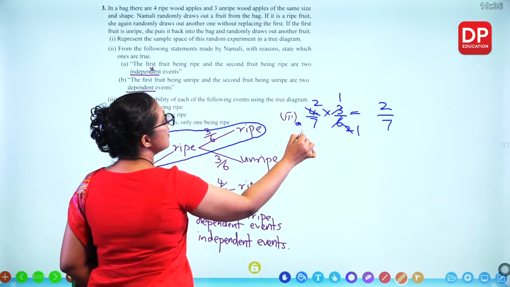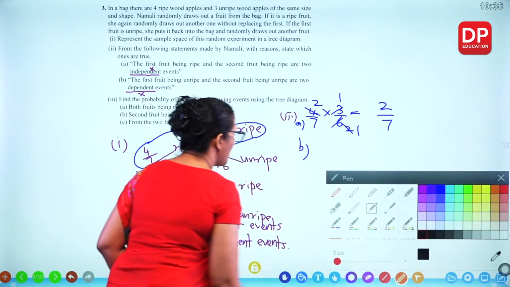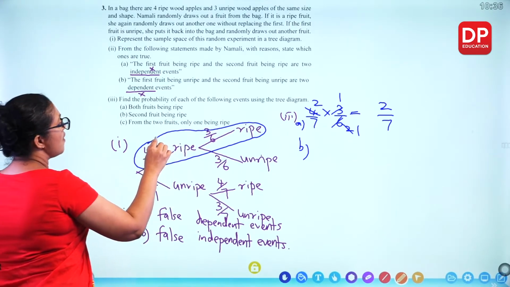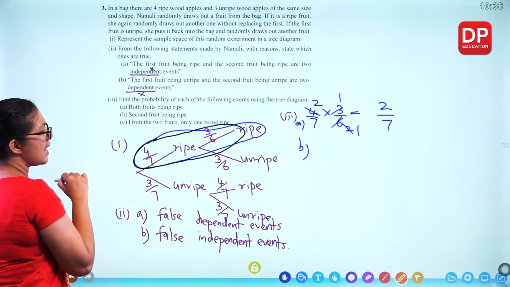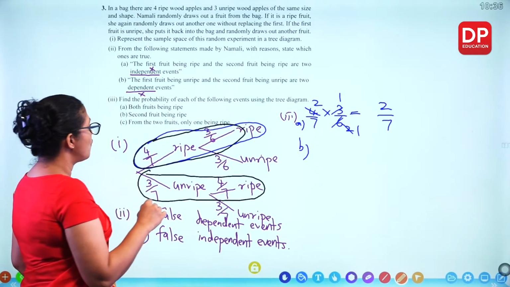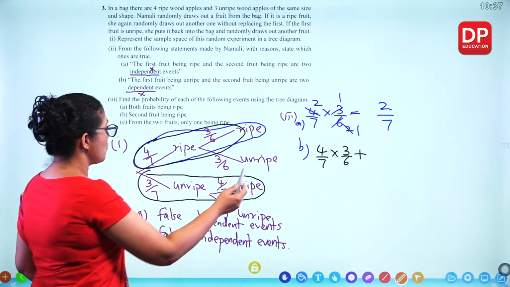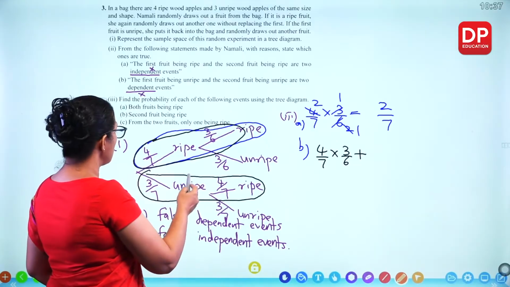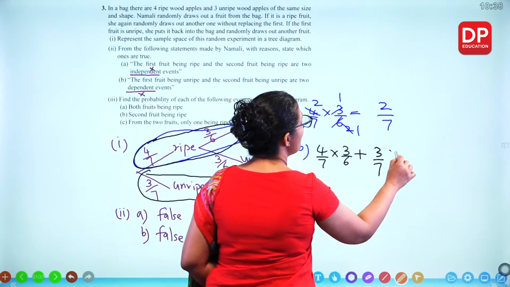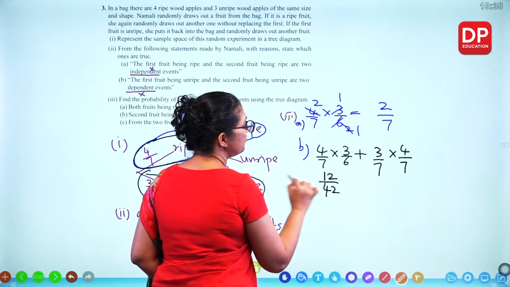Then part B, second fruit being ripe. So I'll take the black one. Second one ripe means the first one can be anything. So this branch we can take and this branch we can take. So 4/7 times 3/6 plus. So what's the other branch? So the other branch is 3/7 times 4/7. 4 times 3, 12. 12/42.